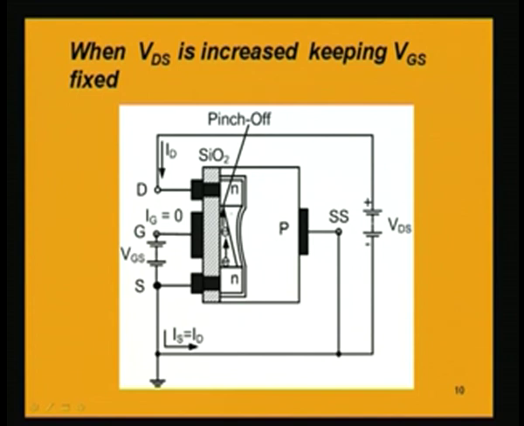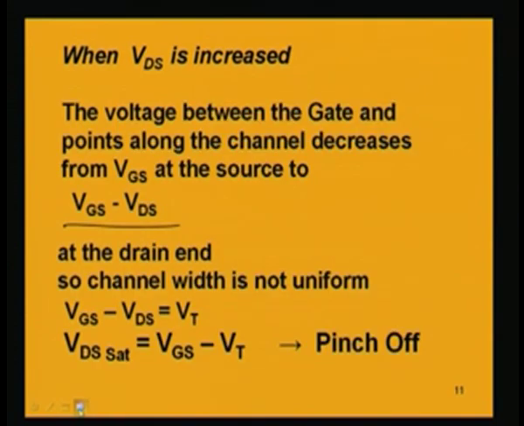So, when the channel width is reducing and reducing as we go on increasing the VDS, because increasing the VDS will have an effect that this whole VGS minus VDS will be reducing, that is nothing but VGD, that is gate to drain voltage.